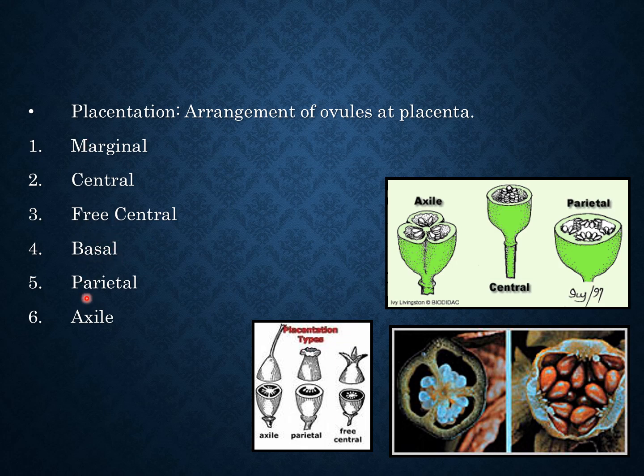If the carpels are two or more, the placentation can be parietal or axial. The example of axial placentation is this, and the example of parietal placentation is this. In axial placentation, the ovary has more than one chamber and the placenta is present along the central axis, and the number of chambers or locules generally refers to the number of carpels. While in parietal, there are two or more placentae along the wall of the ovary.